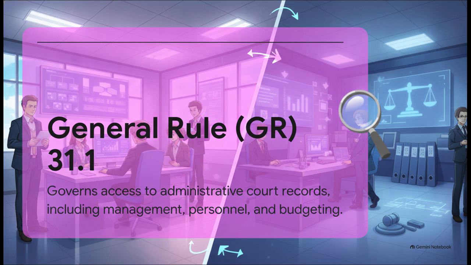General Rule 31.1 governs administrative court records. So if you want a case file, you use GR 31. But if you want to see how the court manages its budget, its personnel, or its internal supervision, you're looking for an administrative record under GR 31.1. They are completely different tracks requiring entirely different request forms.